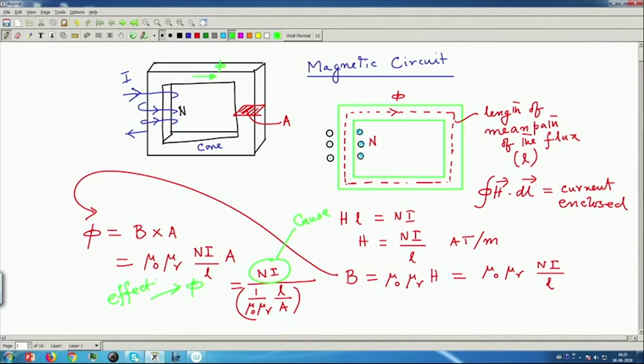Is it not? I have supplied MMF, and this magnetic circuit returns a flux phi.